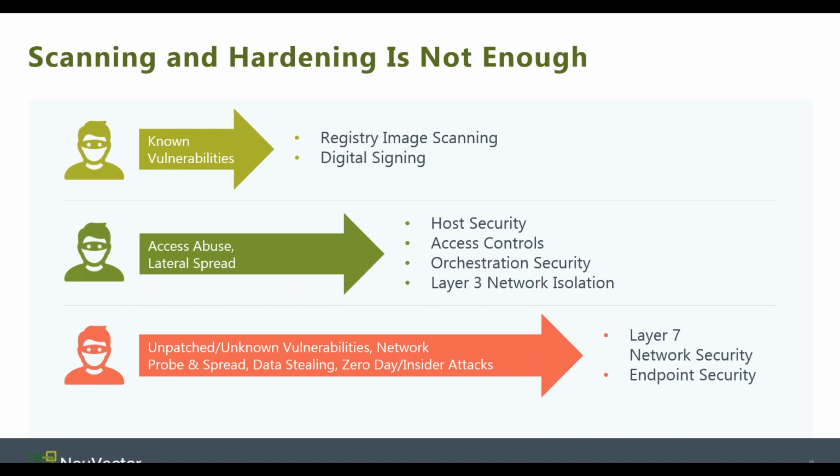Then the second layer of security is about hardening and protecting your platforms. For example, you want to check all your Docker hosts, all your container hosts, to make sure there are no critical issues, no CVEs. You want to define good access control policies from Kubernetes or your orchestration system, and do orchestration security.